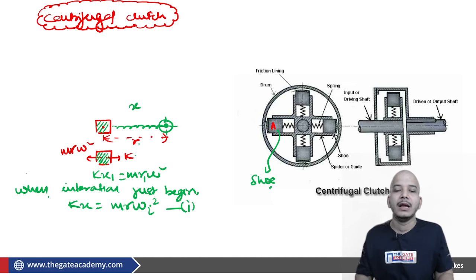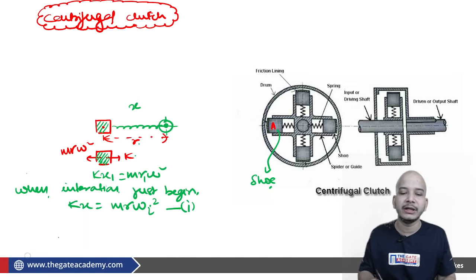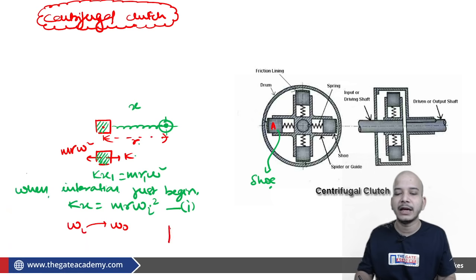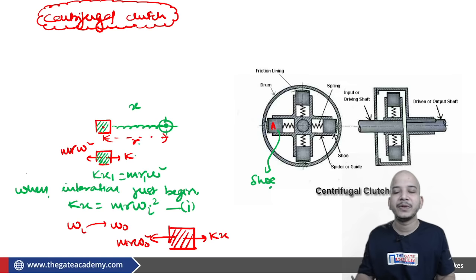Now let us say that omega is increasing from omega I to omega O. Because omega increases from omega I to omega O, as far as the FBD is concerned, the centrifugal force is now equal to mr omega O square, and of course the spring force is there, which is kx.